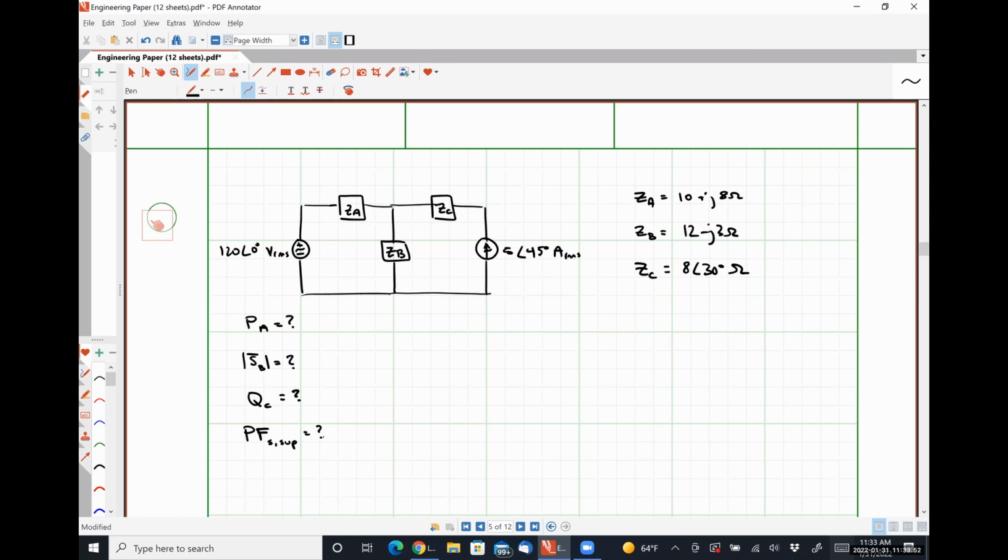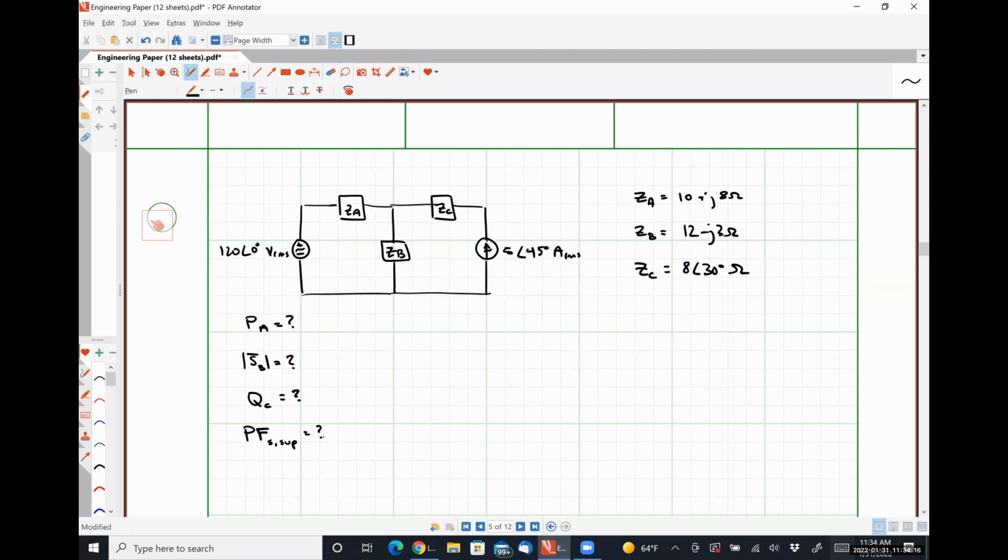So that's the power factor at which each source supplies power. So let's talk about this stuff. All right.